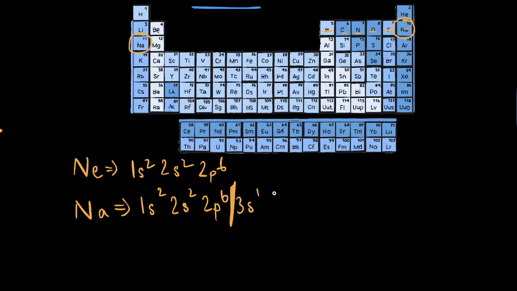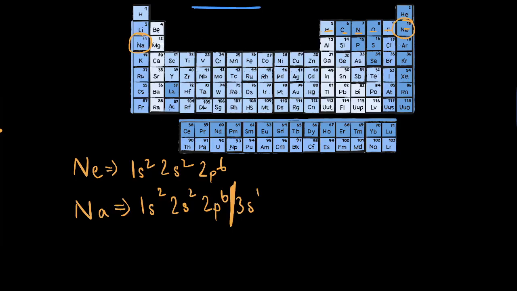You can see where I'm going with this. Especially for writing out the electron configuration for larger elements, suppose we were trying to do bromine, we would have to write out the electrons in all of these different sublevels. That would take up a lot of time and space. So we can simply use this shorthand noble gas electron configuration to alleviate that. In this case, the nearest noble gas to sodium is neon.